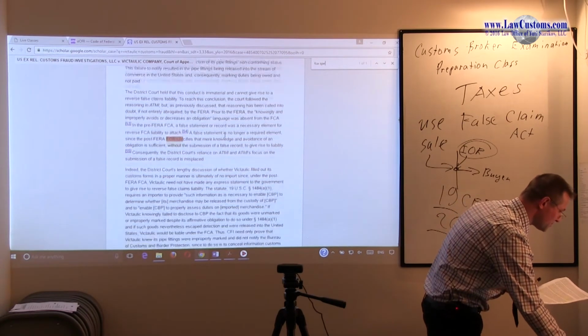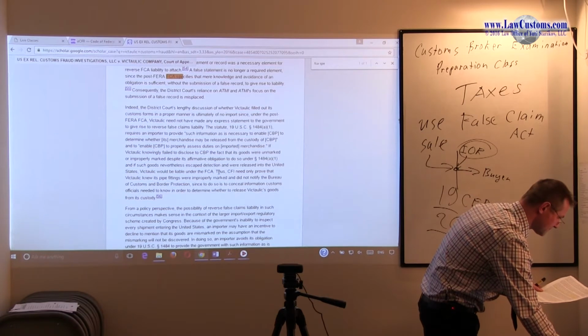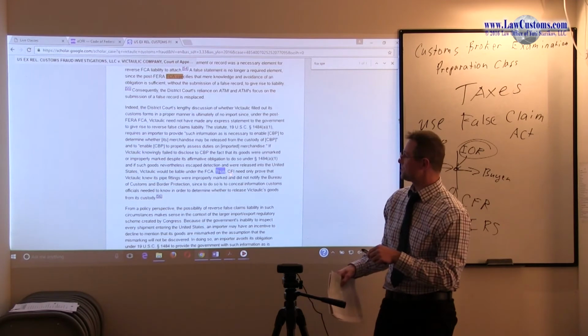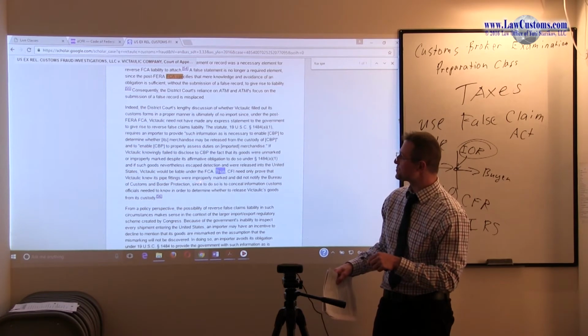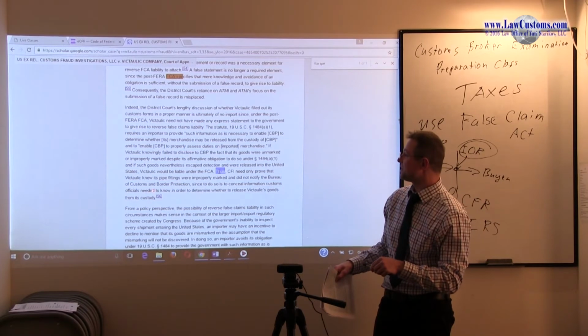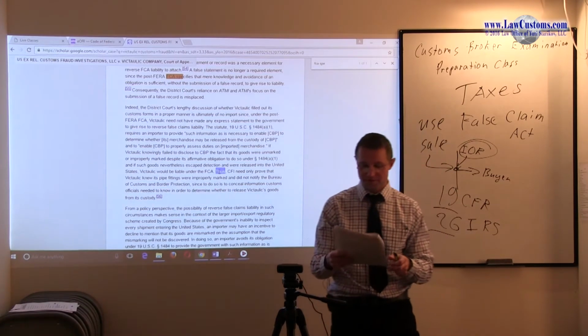Here is another interesting quote. The plaintiff, the Customs Fraud Investigation, that sues under the False Claims Act, need only prove that Victaulic knew its pipe fittings were improperly marked and did not notify customs, since to do so is to conceal information from customs officials that they needed to know in order to determine whether to release Victaulic goods from its custody.